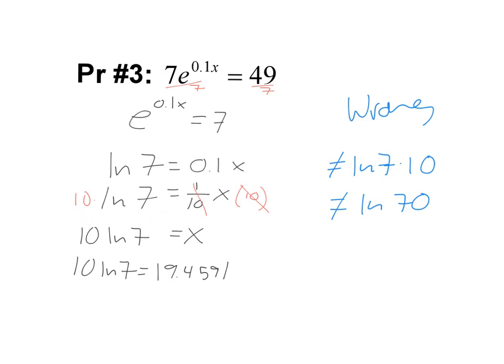So that's why I'm writing whatever I multiply out in front. That's where it goes. It doesn't go on this side. So make sure you leave it in the front and don't do this. Because the ln of 70 is something totally different than 10 ln of 7. You could check in your calculator and see they're two different values. Okay, so anyway, when you do 10 ln 7 in your calculator, you get 19.4591.